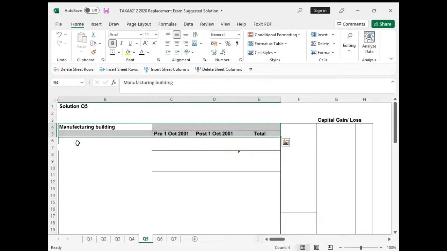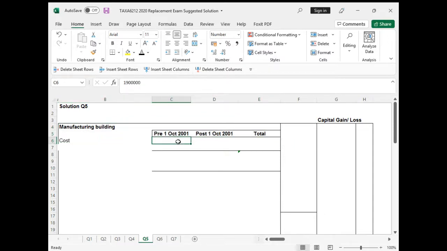Okay, so they've told us the cost of this was 1.9 million. So you go fill in the cost as 1.9 million. There was no post-October cost relating to the purchase of it. Our tax allowances that we were allowed to deduct, they have told us we have deducted 720 up to this stage.